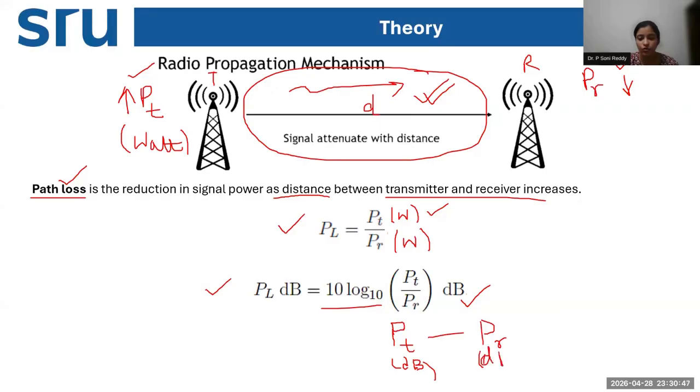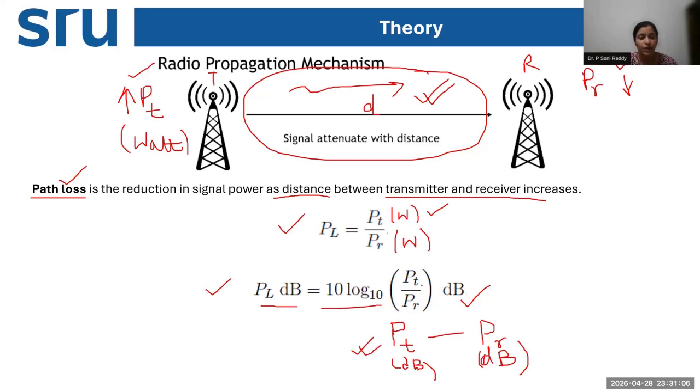So when both the transmitted and received power are given in dB scale, then your path loss in dB is nothing but transmitted power in dB minus received power in dB. So this ratio becomes subtraction. It is replaced by simple subtraction.